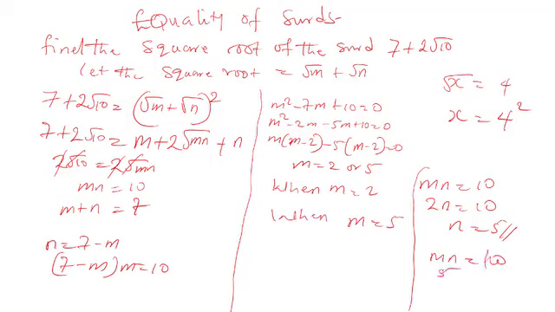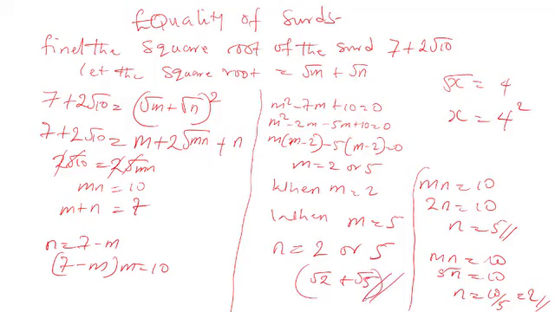So 5n equal to 10, so our n is equal to 10 over 5, which is 2. So the value of our n is also 2 or 5. So the square root of this is equal to root 2 plus root 5, because we stated that we let the square root be equal to this. So the square root is root 2 plus root 5.